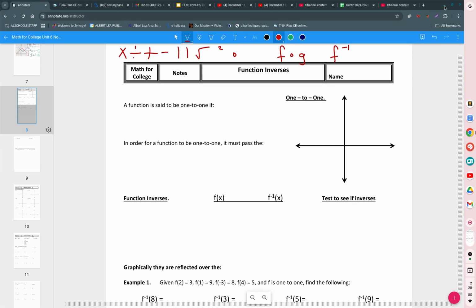And a function is said to be one-to-one if every input has exactly one output. And every output has exactly one input.